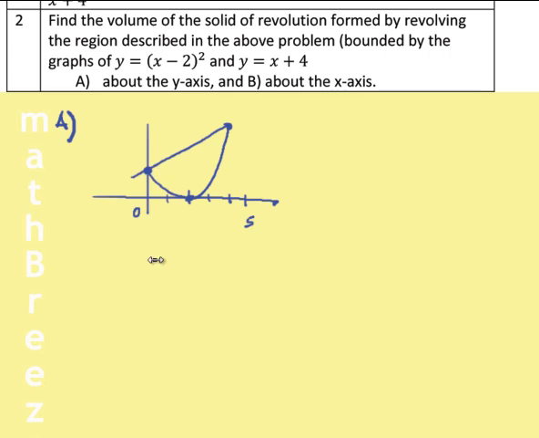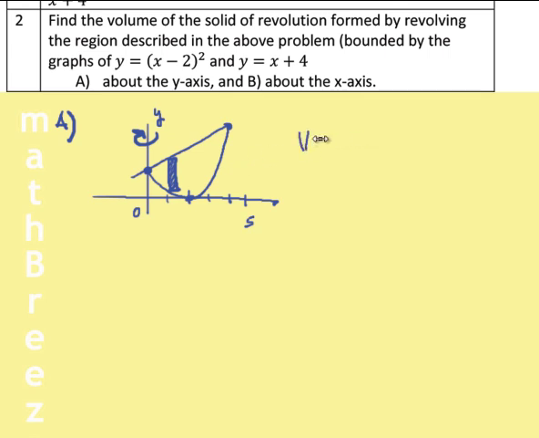Okay, so this region first is being revolved around the y-axis. If we revolve around the y-axis, and we picture one of these rectangles revolving around y, we see that we get a cylindrical shell. So we're going to use the method of cylindrical shells.